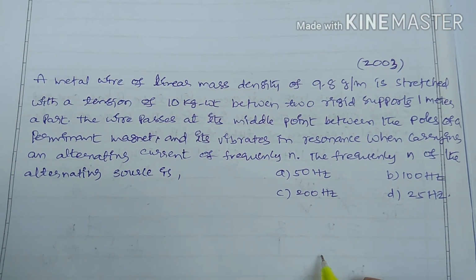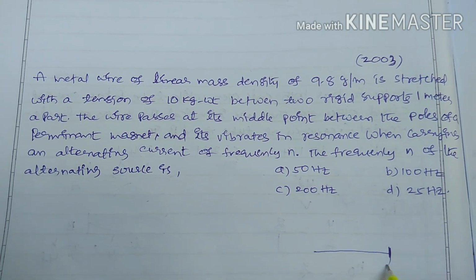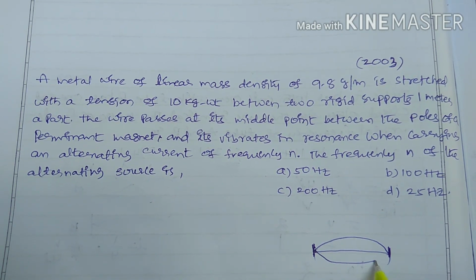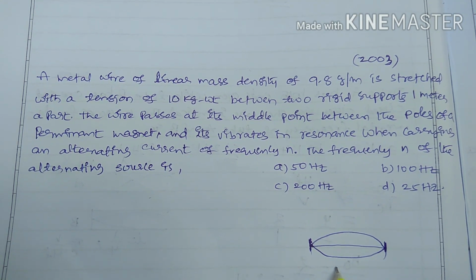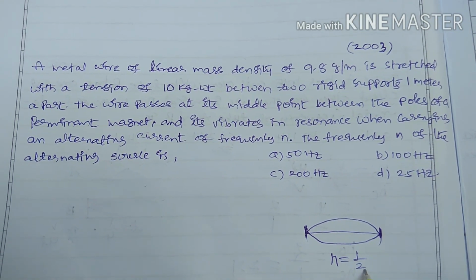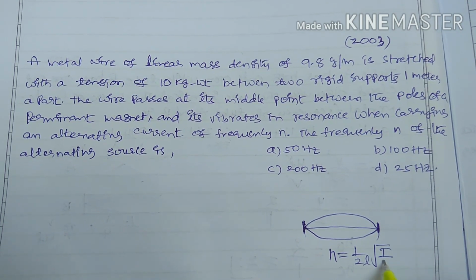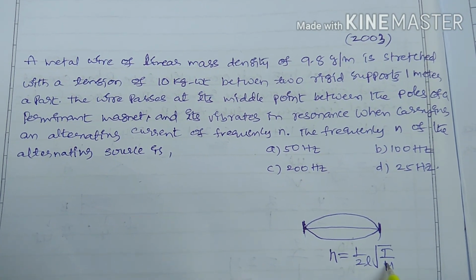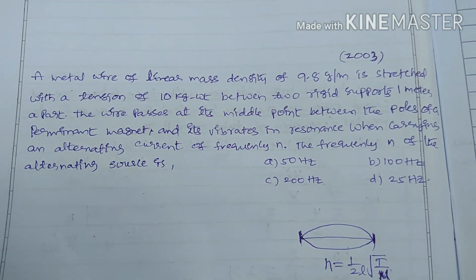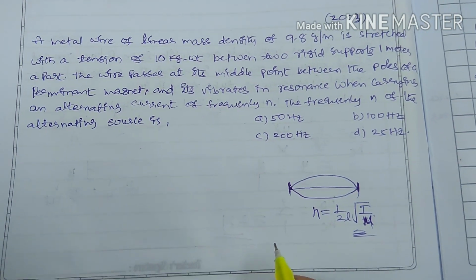So here if a wire is stretched between two rigid supports, the first mode of the string will be in this manner. Whereas the frequency n is equal to 1 by 2L under root of T by mu. This is for the stretched string, T by m or T by mu. So what are the components given?